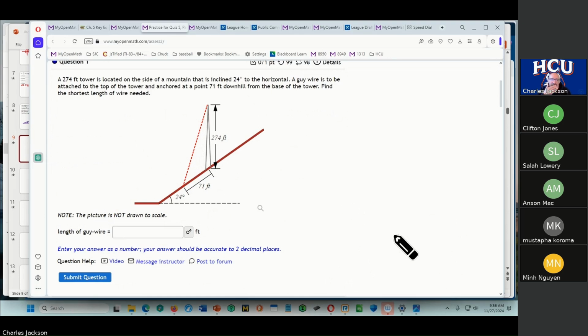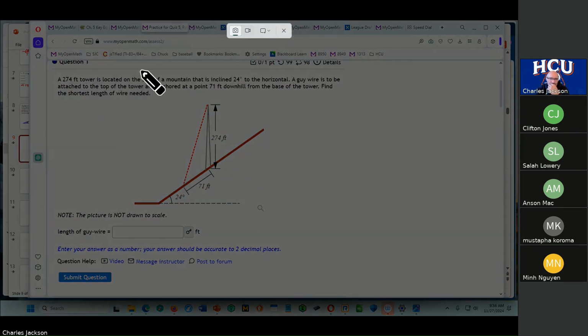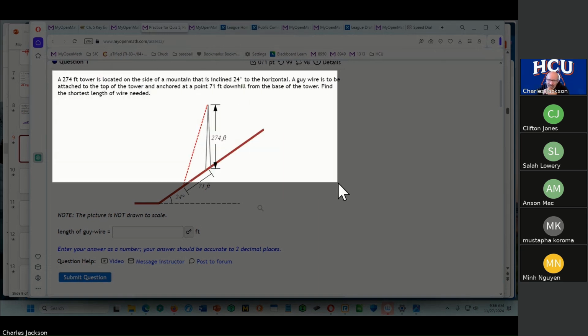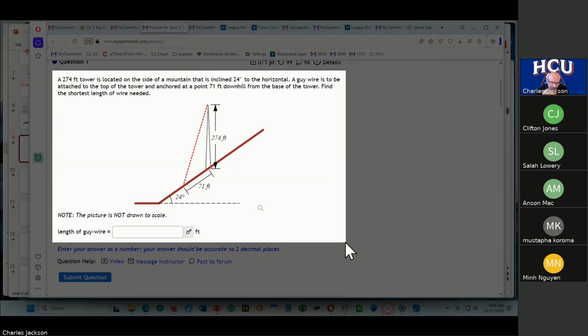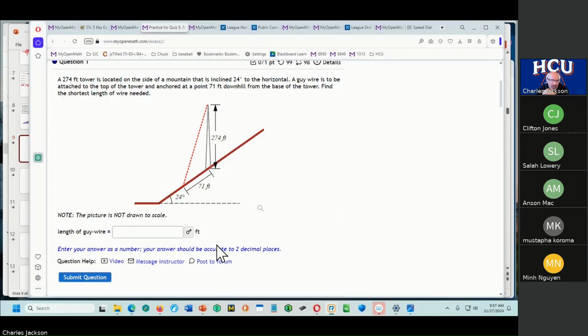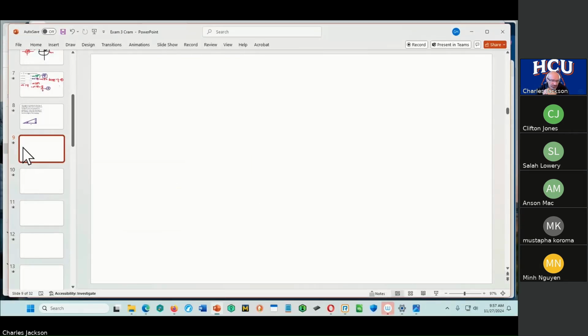So let's see. It's the first one, so maybe this is a law of sines problem.